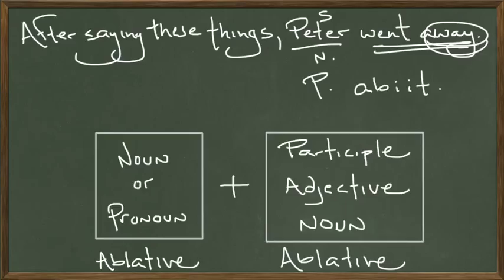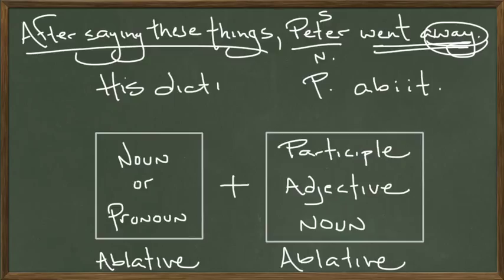Peter left. When did these things happen? After he said something, after saying these things, or "these things having been said," is the literal translation of what we're about to write. So, these things having been said: his dictis. Notice both are in the ablative case, and his here stands for things. It's really "these things."